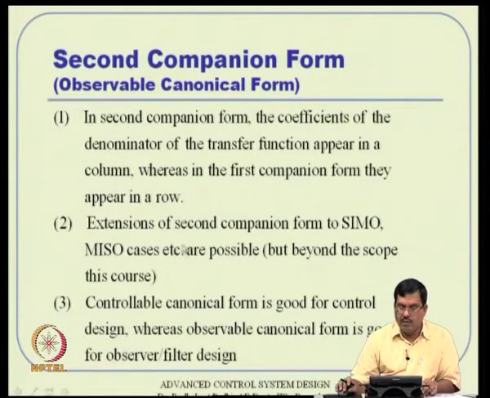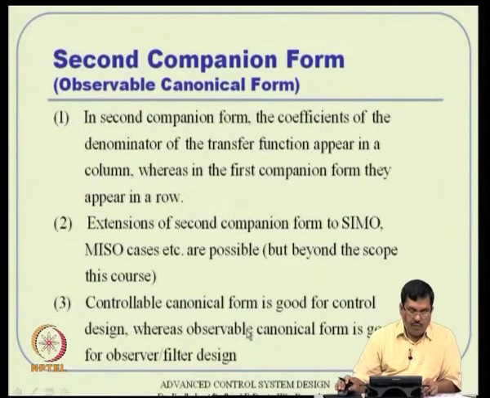But we will not study these in detail, these are probably beyond the scope of this particular course. I will give a reference at the end where people who are interested can see further details. And as I told in the beginning, the controllable canonical form is good for control design, whereas the observable canonical form is good for observer or filter design.